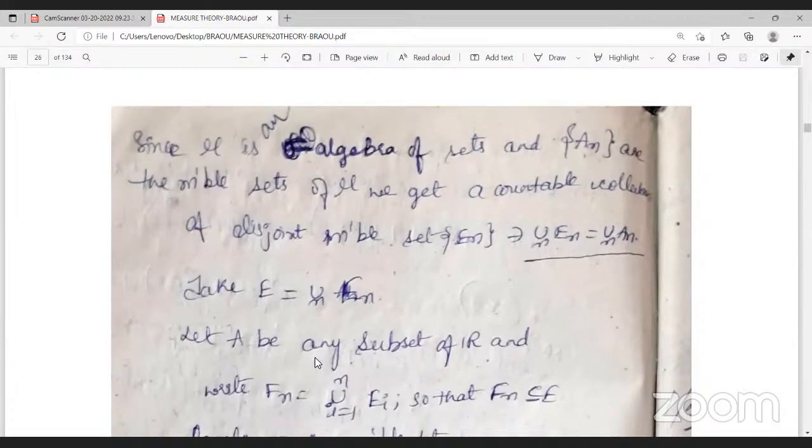And given that En is a measurable set. What is the measurable definition?